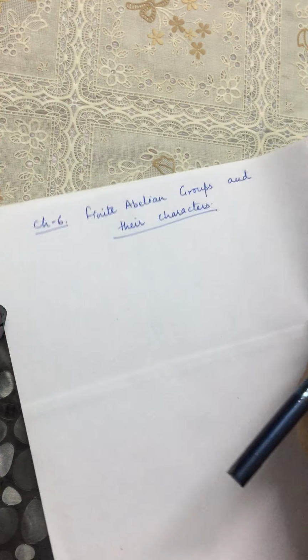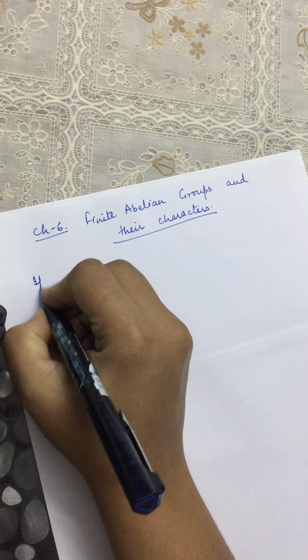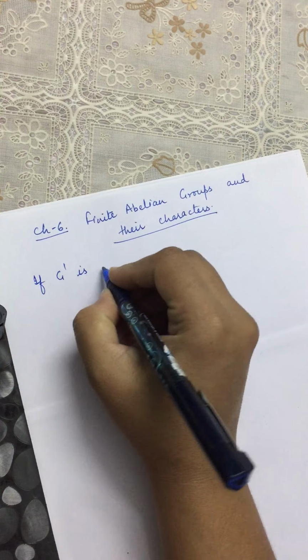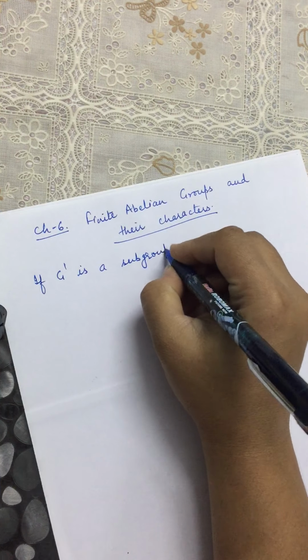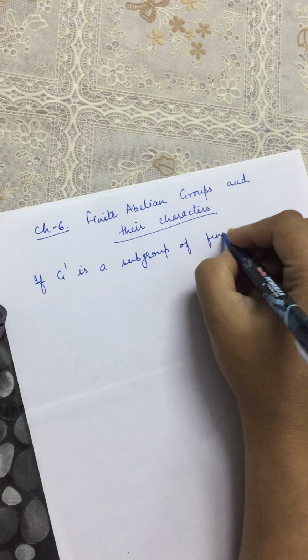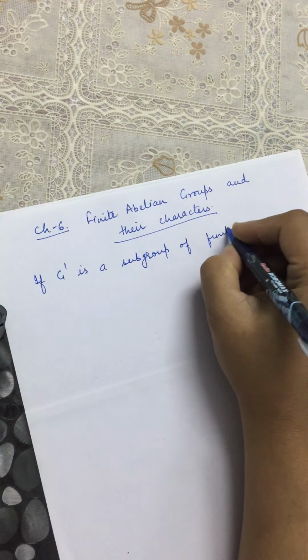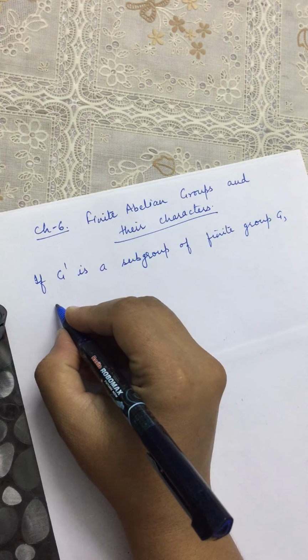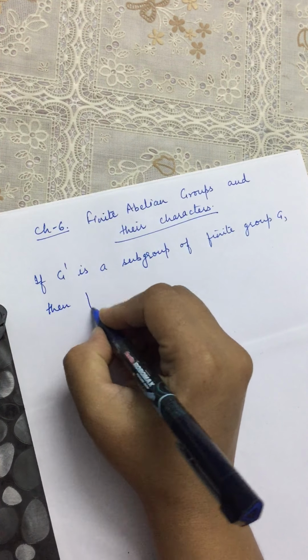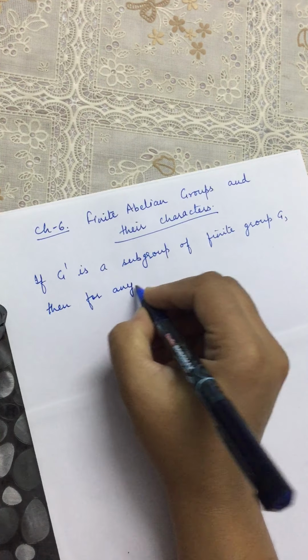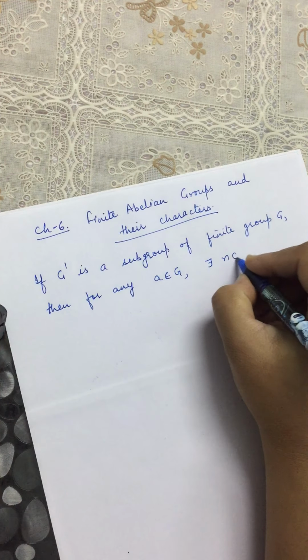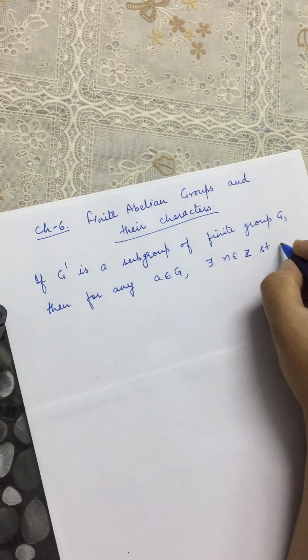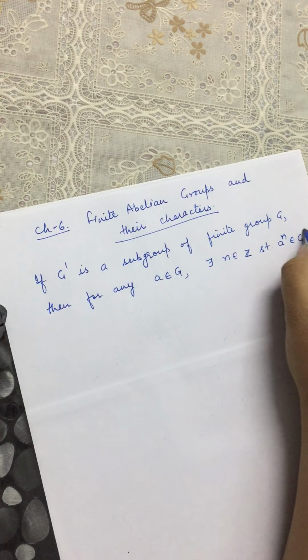If G dash is a subgroup of finite group G, then for any element A in G, there always exists an integer n such that A raised to n belongs to G dash.